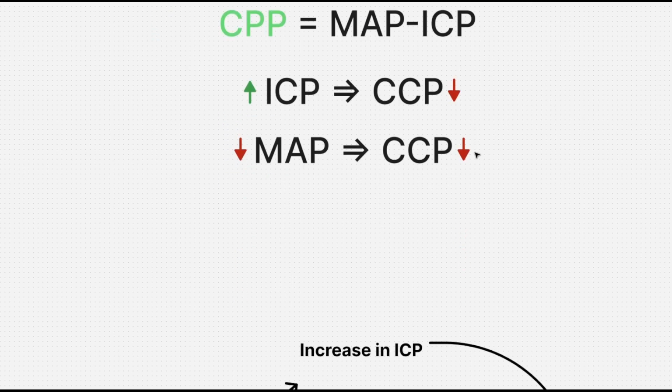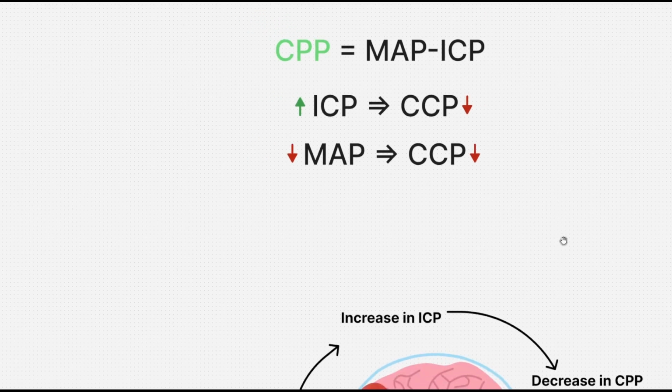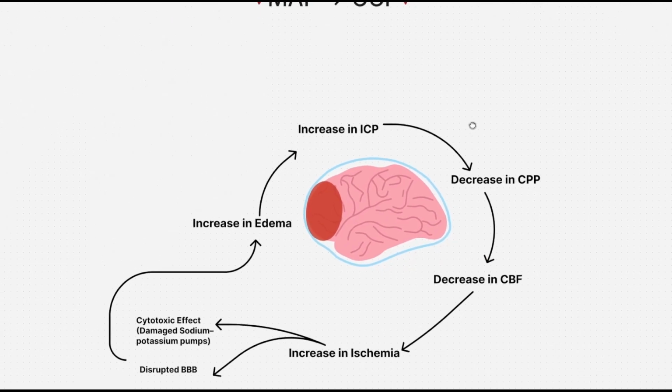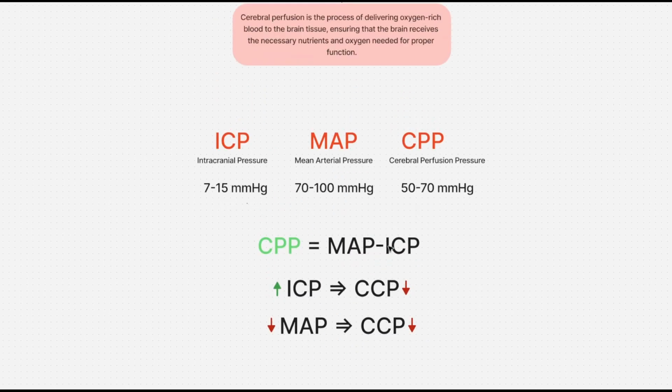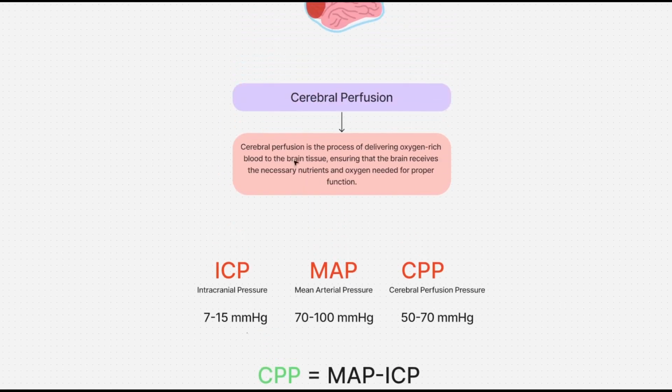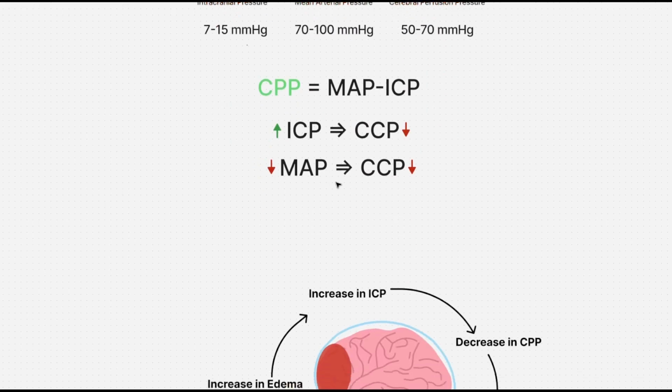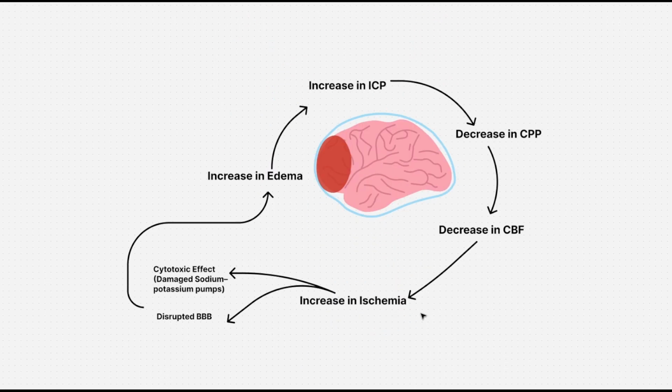Now let's talk about my favorite part of the video, which is this cycle. We have a basic understanding of what cerebral perfusion pressure is and what cerebral perfusion is. Now let's talk about an example.